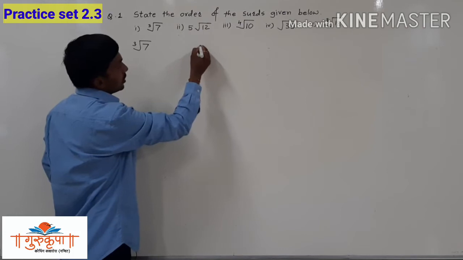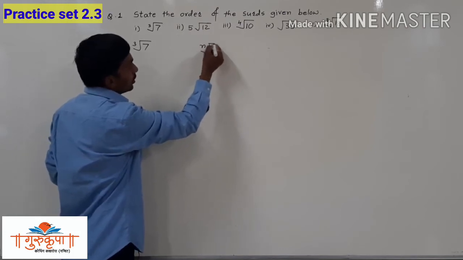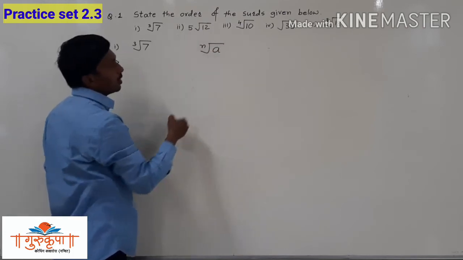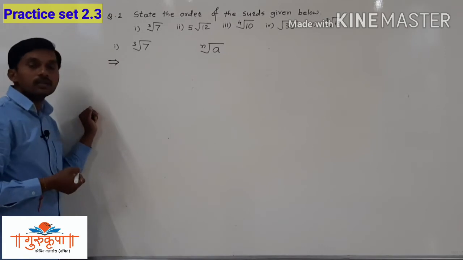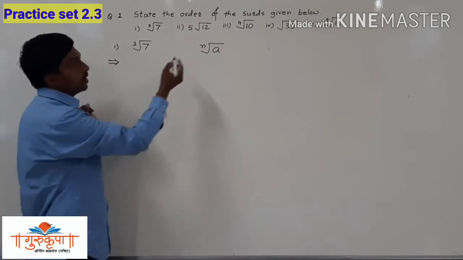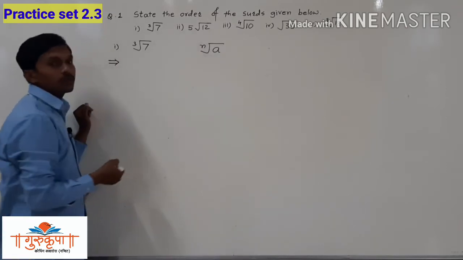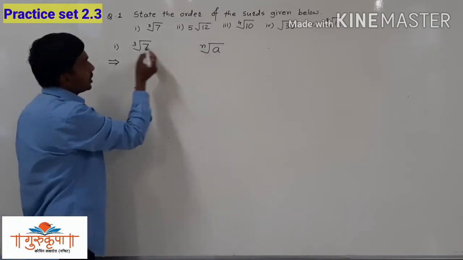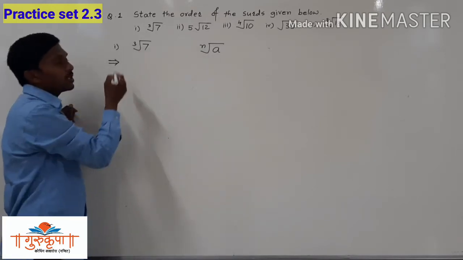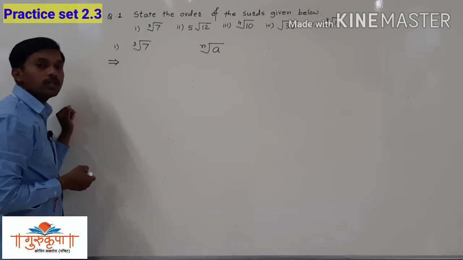Here it is nth root of a. So the number we have in place of n is called the order of the surd.